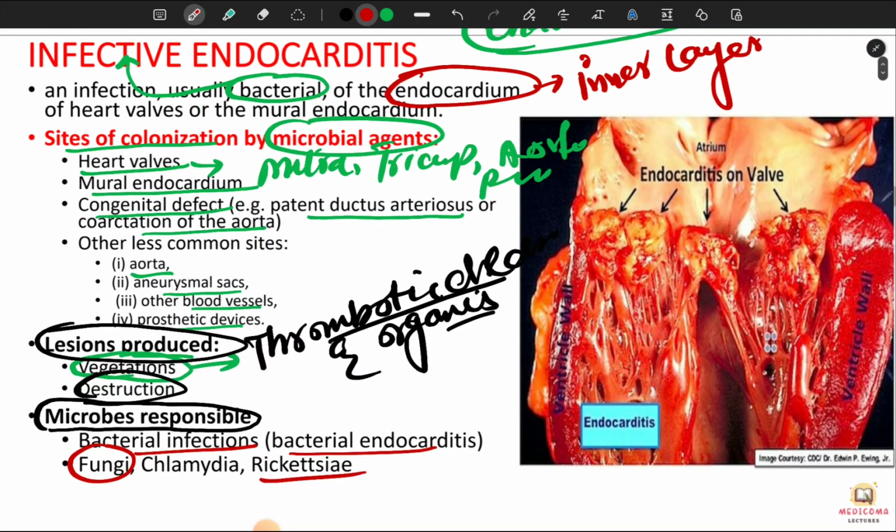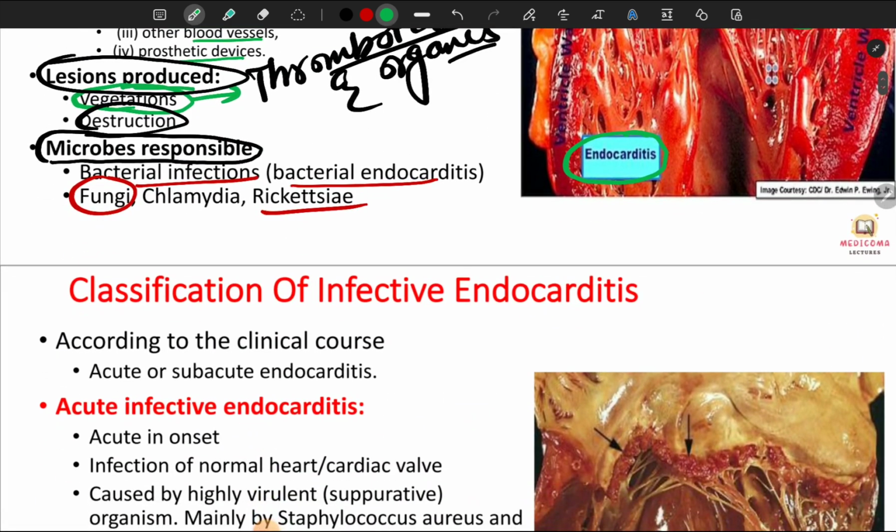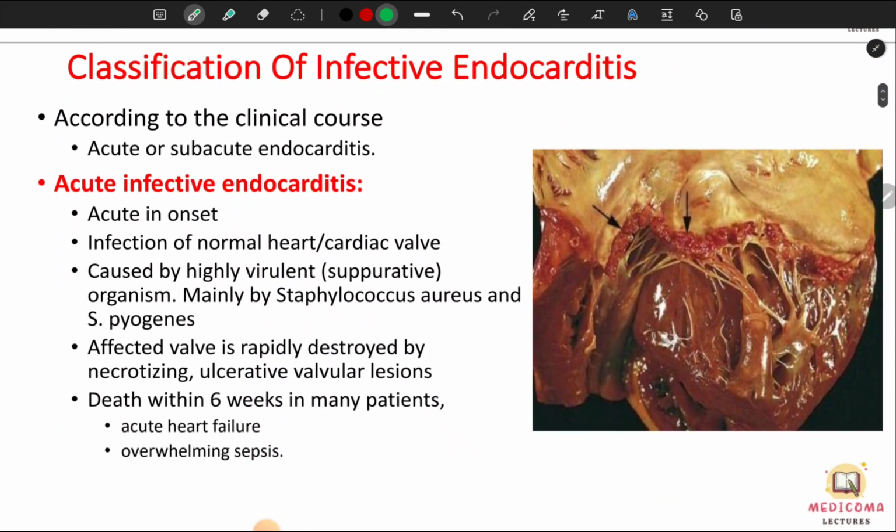As you can see, this is the endocarditis valve. These are the vegetations and destruction of the valves. As you can see clearly, this is the endocarditis, which is the inflammation of the innermost layer of the heart. Next, we will discuss the classification of infective endocarditis.